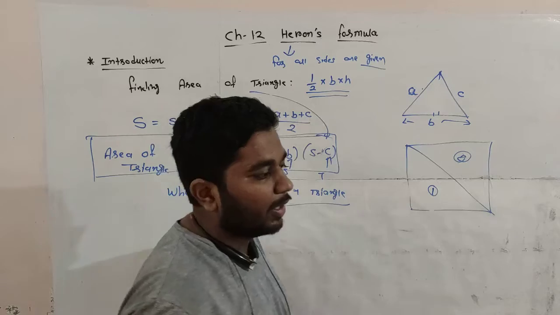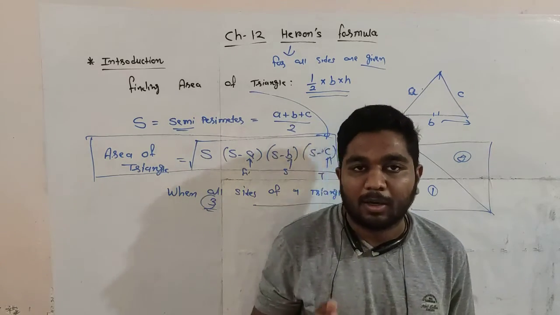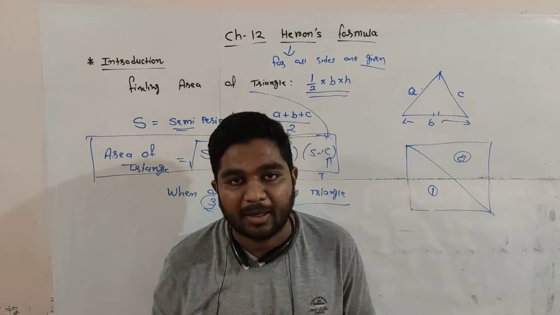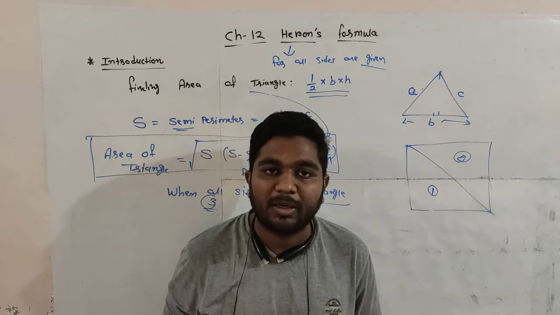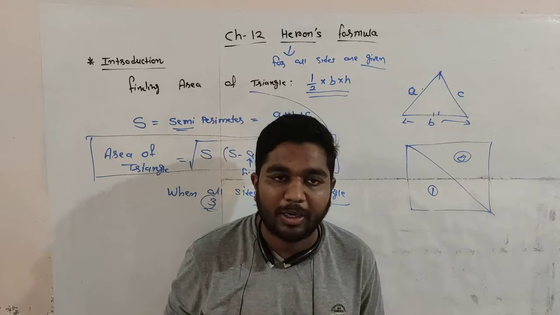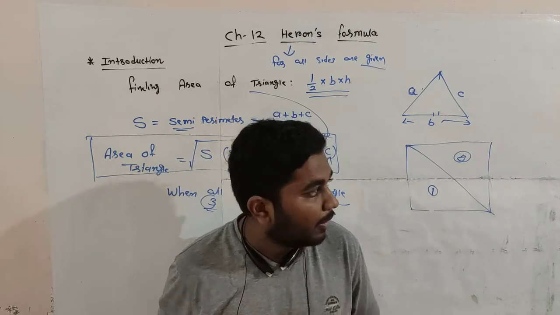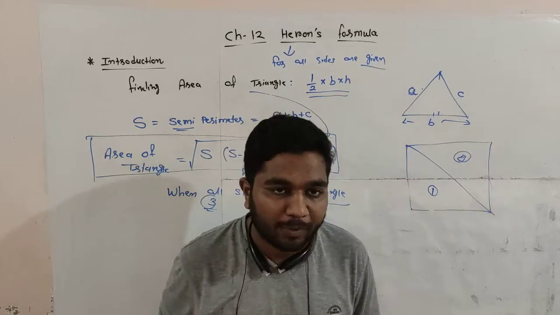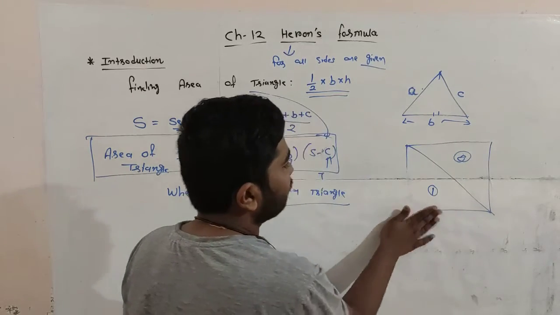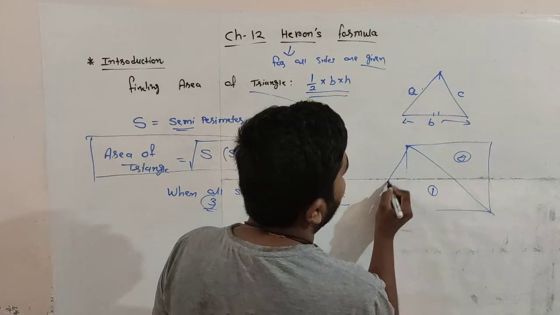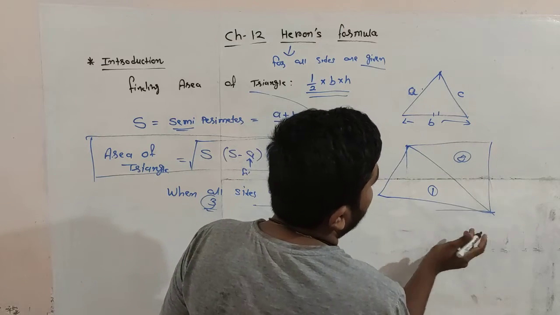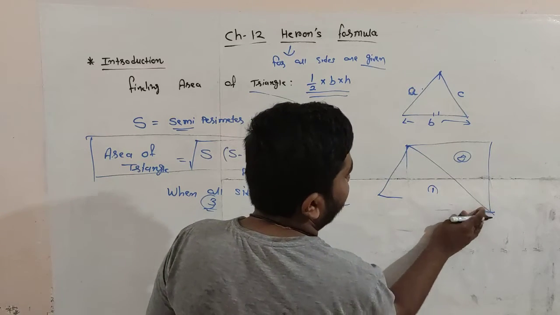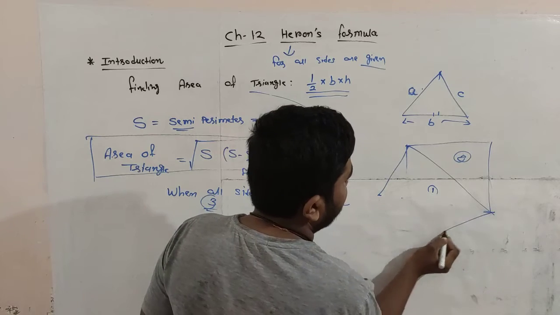From that we can find the area of a triangle of any type: equilateral triangle, scalene triangle or isosceles triangle, as well as a quadrilateral or pentagon. When a pentagon is given, at that time also we can find its area. How? Let's say this is a pentagon.